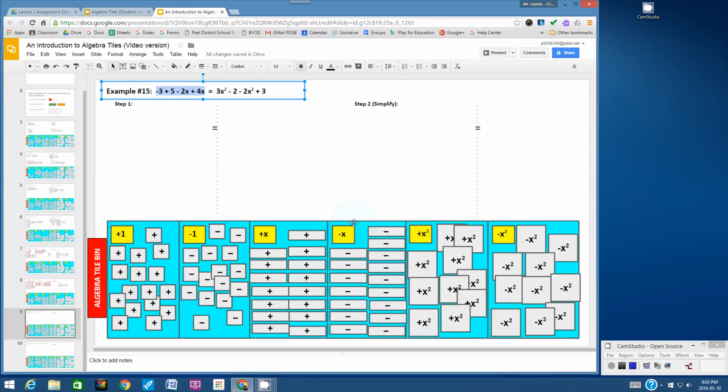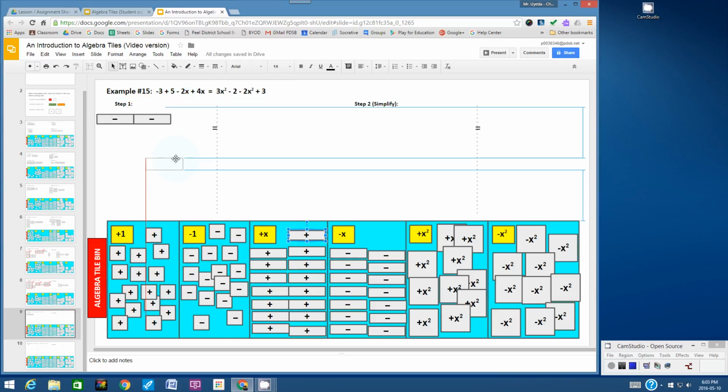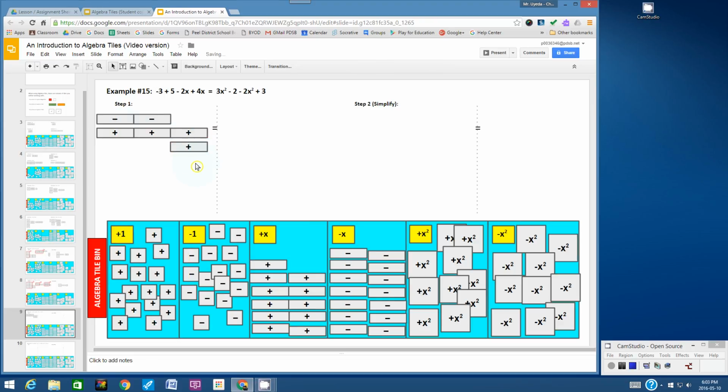And then positive 4x. So because this positive is a different sign from the negative, I'm going to line them up underneath to create zero models. So those are my 2. And then I need to bring a third. And then because I don't have a lot of room, I'm just going to put this one underneath. Okay, so that's my positive 4x.